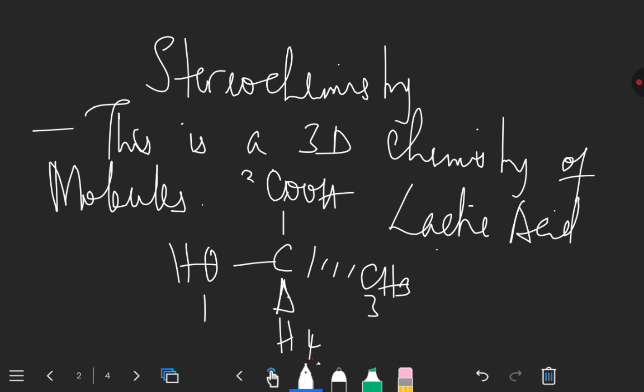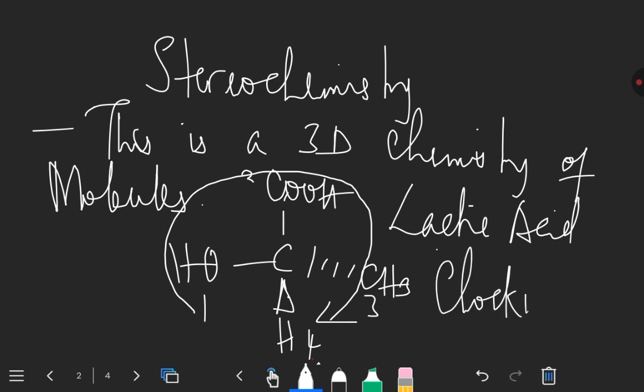So when moving, we start from 1, then move from 1 to 2 to 3, then to 4. In this case, we can see that we are moving clockwise. For clockwise movement, it is always R, and for anti-clockwise, it is S. Now, we can see that our fourth group, which is hydrogen, is in front.